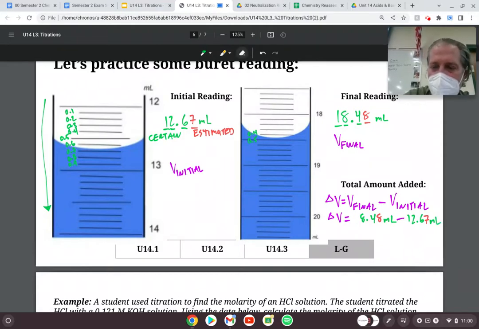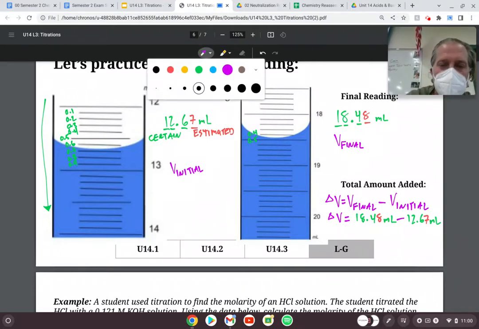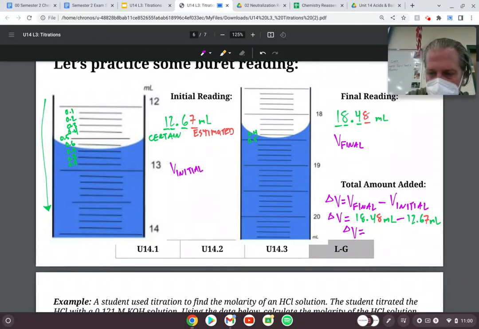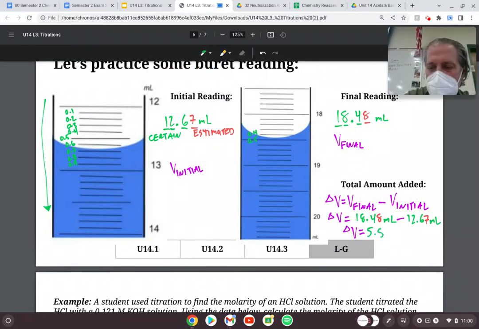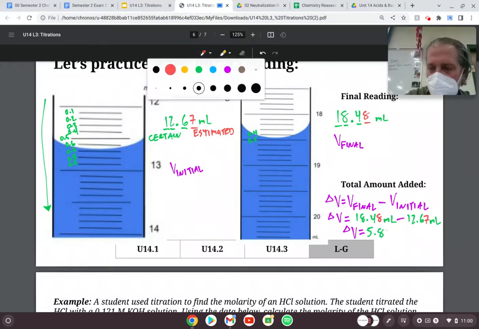Okay, and when I plug that into my calculator, I get something like a change in volume of 5.81 milliliters.